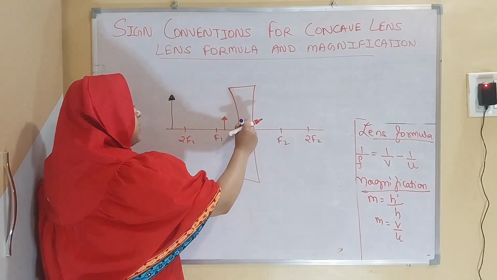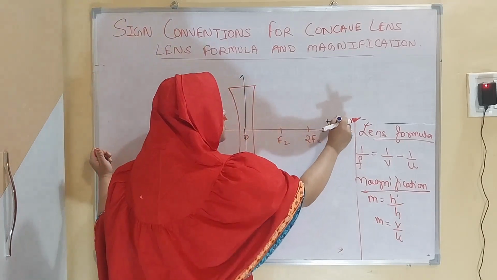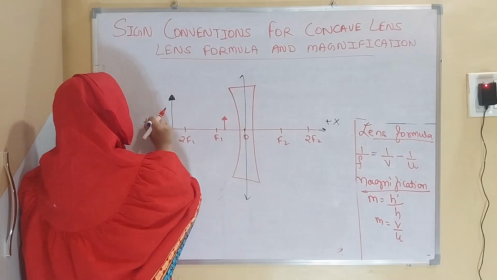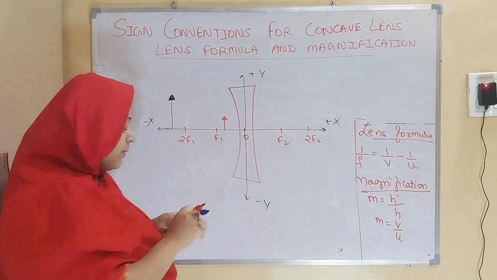Now again, considering a Cartesian type of system, this is positive x-axis, this is negative x-axis, positive y-axis and negative y-axis.